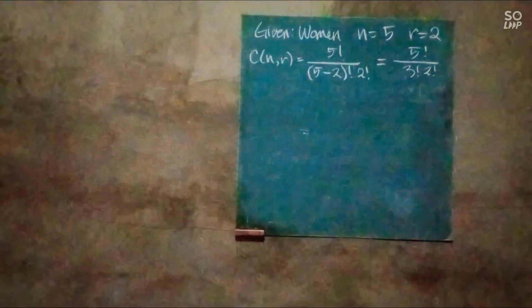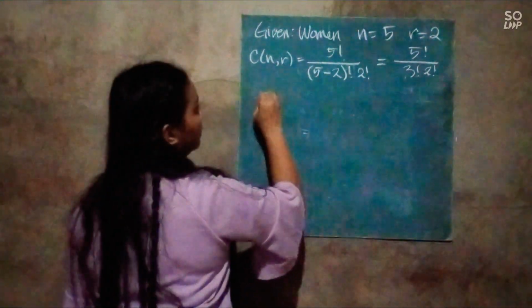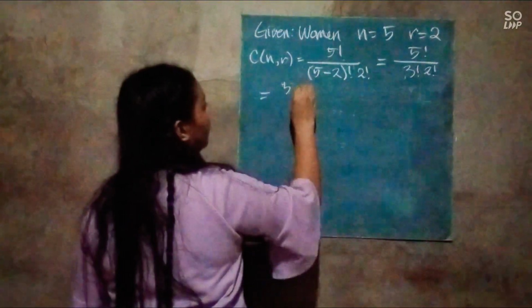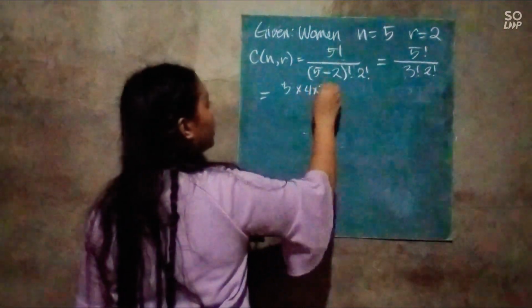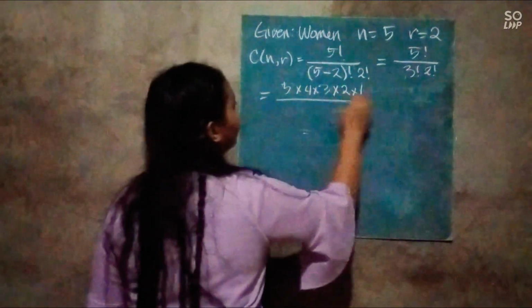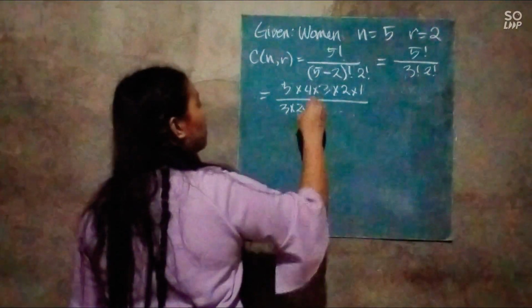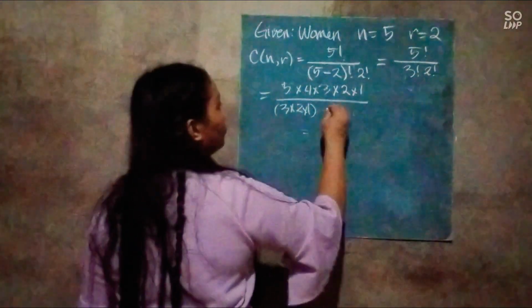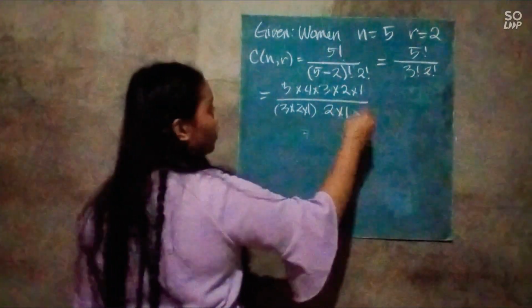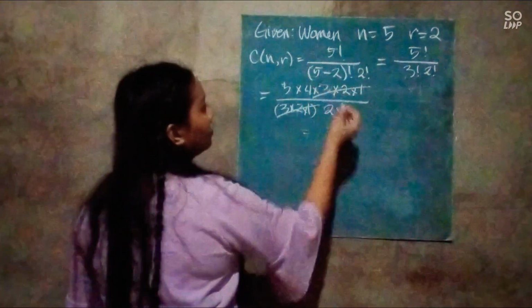So 5 factorial is 5 times 4 times 3 times 2 times 1. And 3 factorial is 3 times 2 times 1. And 2 factorial is 2 times 1. So from here, cancel this out.